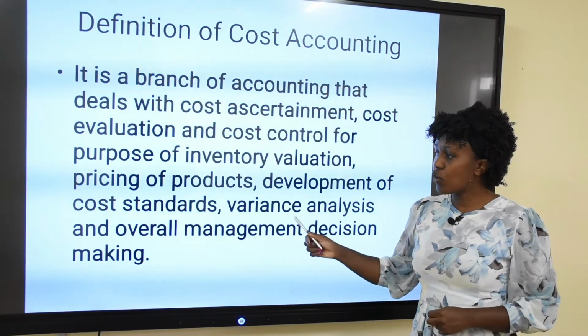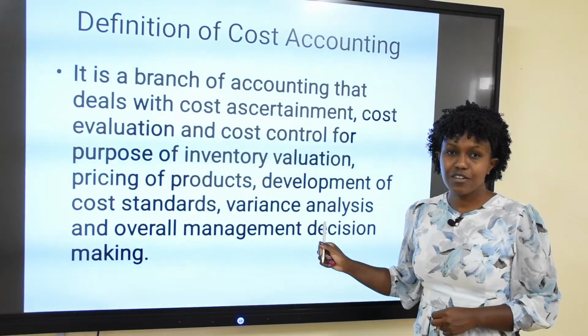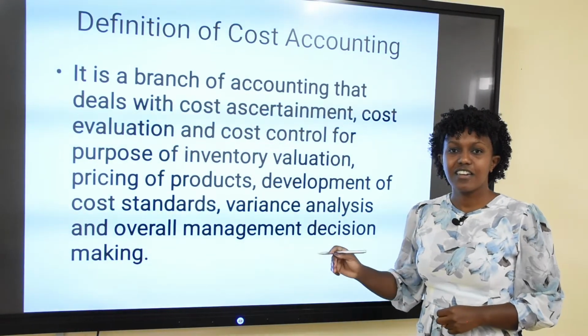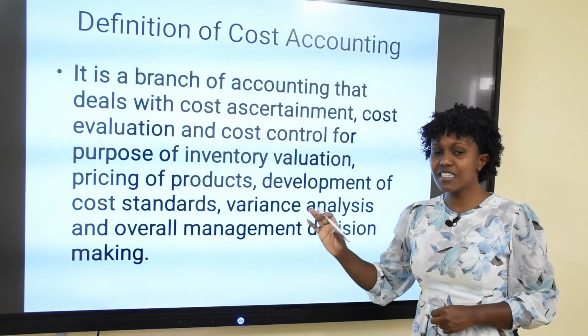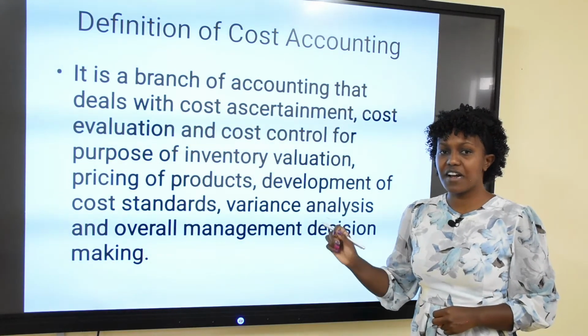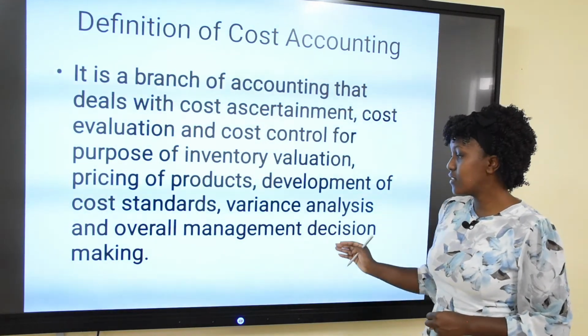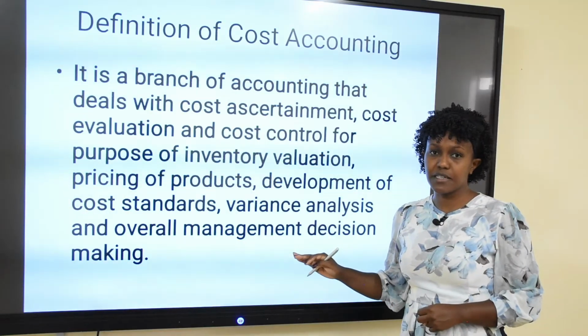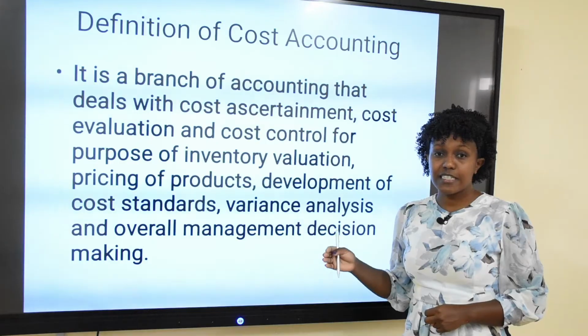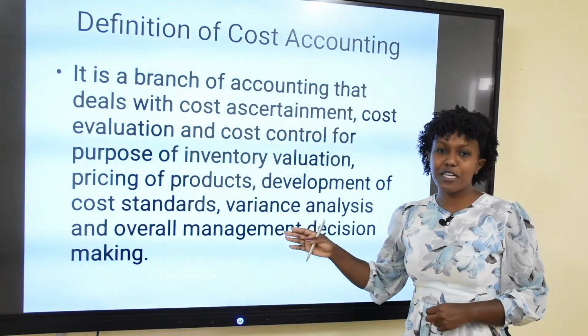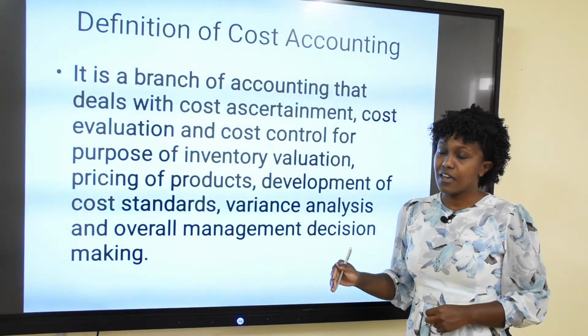Then you're going to do variance analysis, which is comparing the standard and the actual cost and determining a variation, or a variance. And finally, just overall decision making. We are going to look later at how cost accounting is different from management accounting.